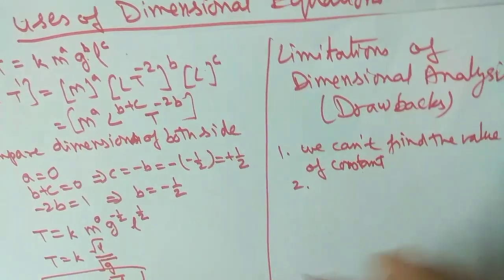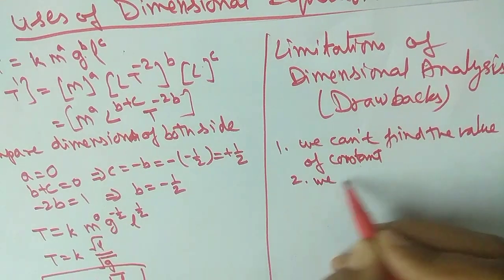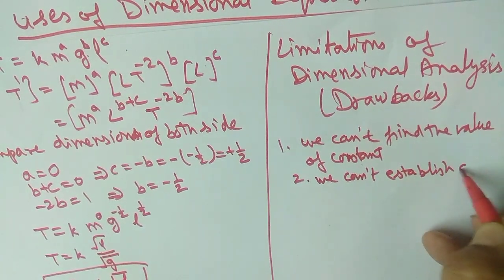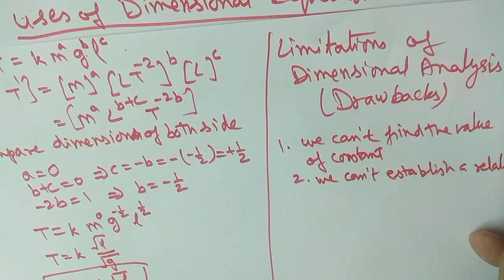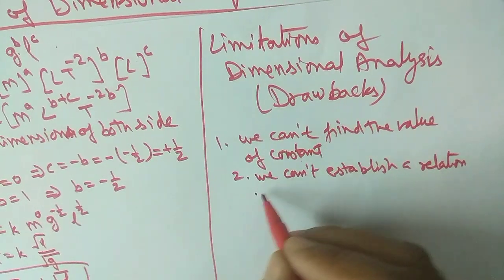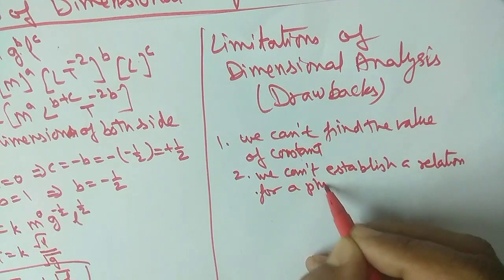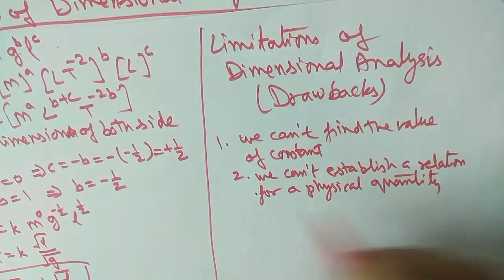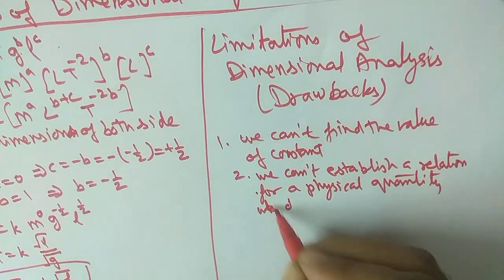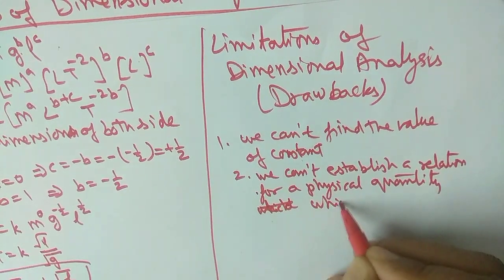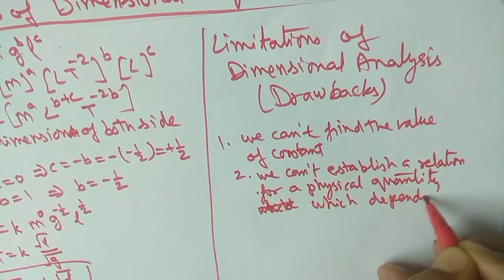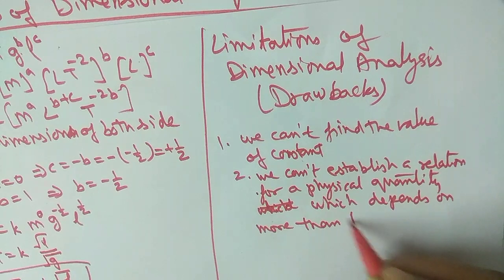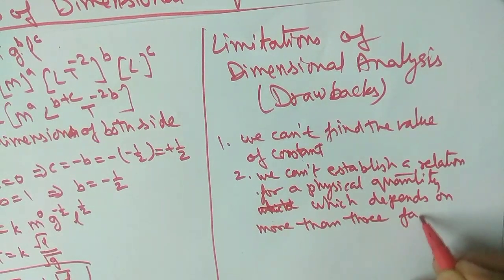So we can't establish a relation for a physical quantity which depends on more than three factors. Clear?